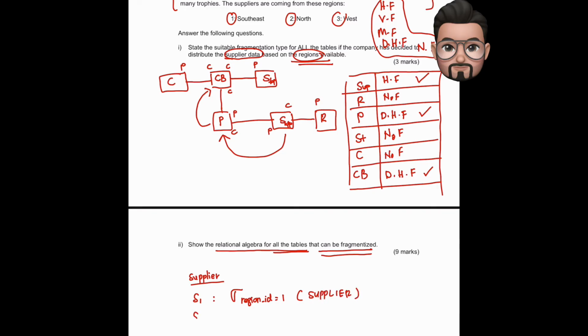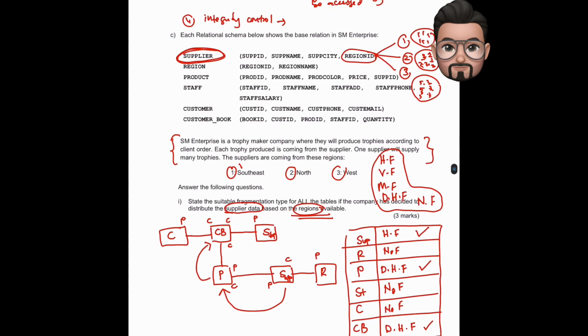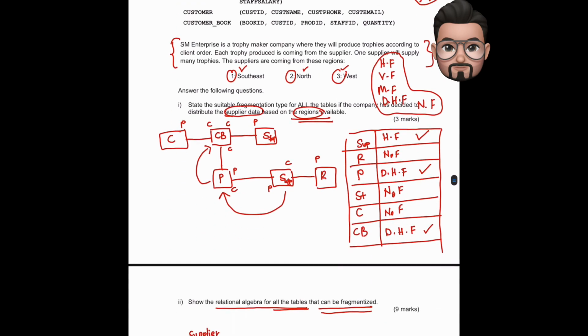Followed by region 2, we select region ID equals to 2 from table supplier. And S3, we select region ID equals to 3 from table supplier. Okay, because we know we have only 3 regions, we are done with the supplier.